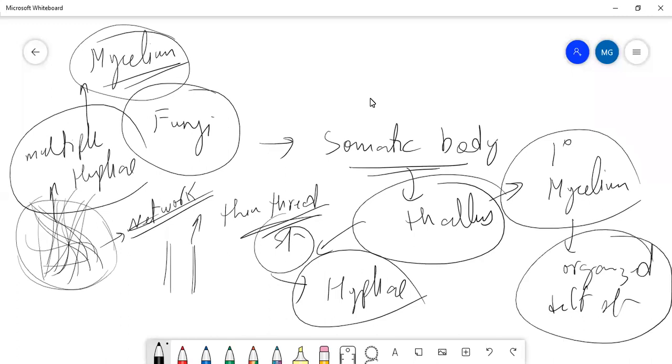For example, we have rhizomorph, plectenchyma, pseudoparenchyma, and sclerotium. What are all these? These are different kinds of structures which are formed by mycelium.